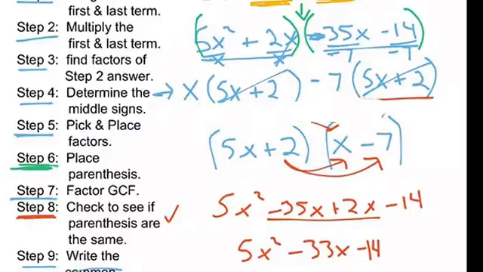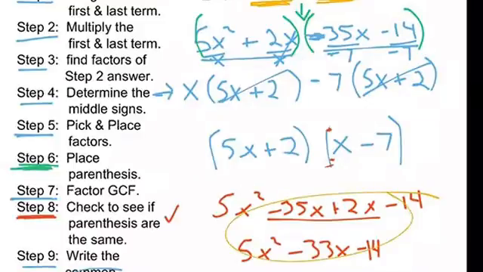I want you to be able to look at this now and think through it. There we go. And remember, this is just a check, okay? We checked it. This is our answer.